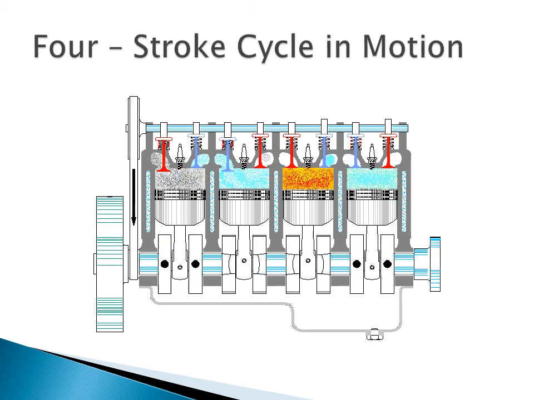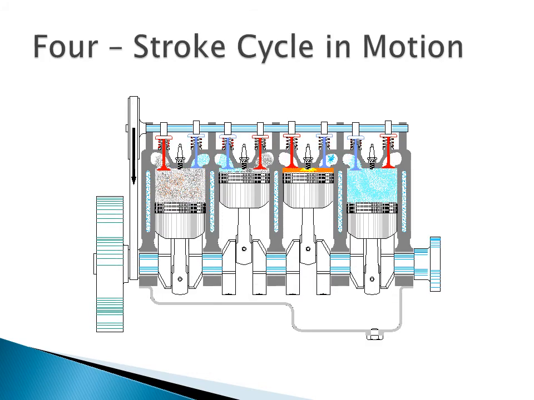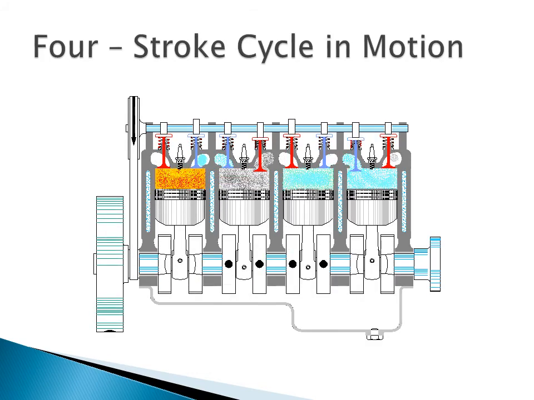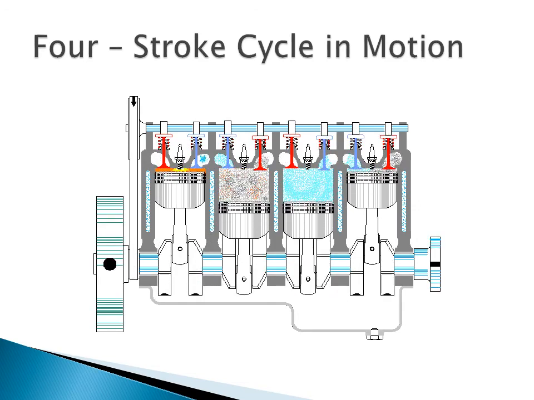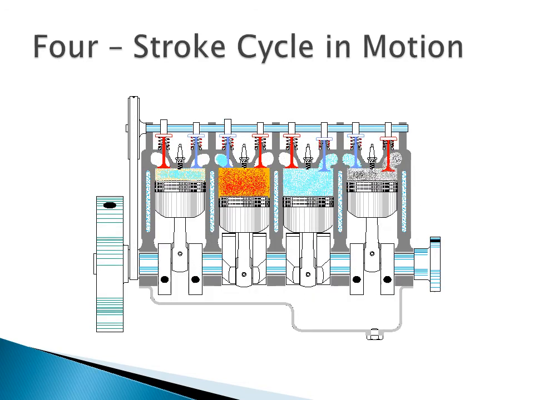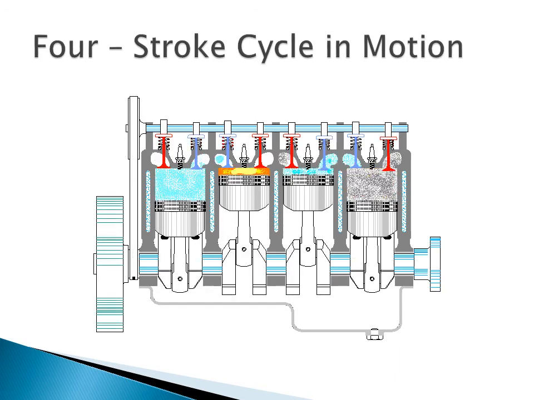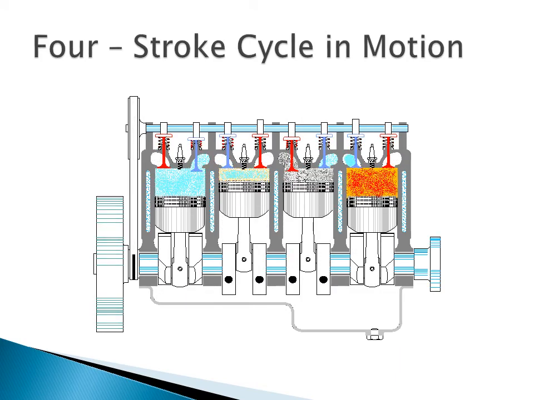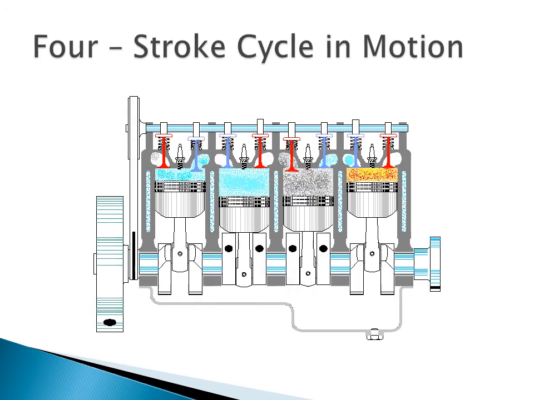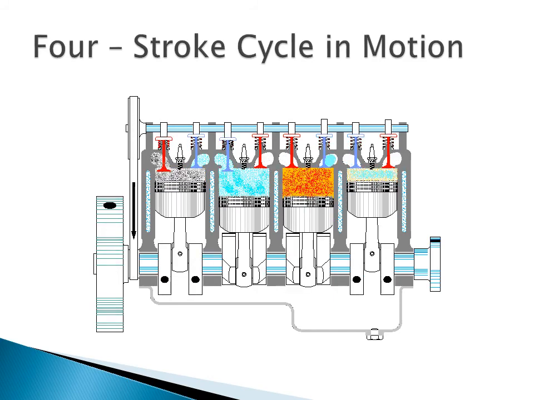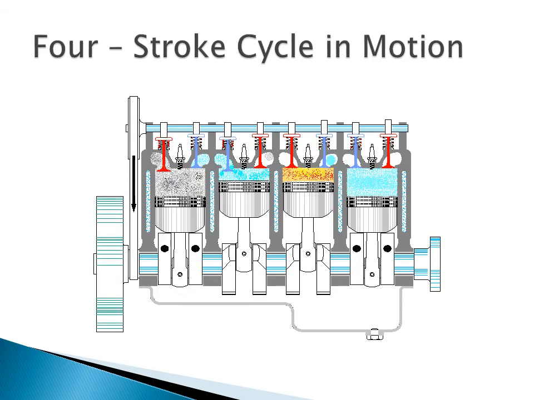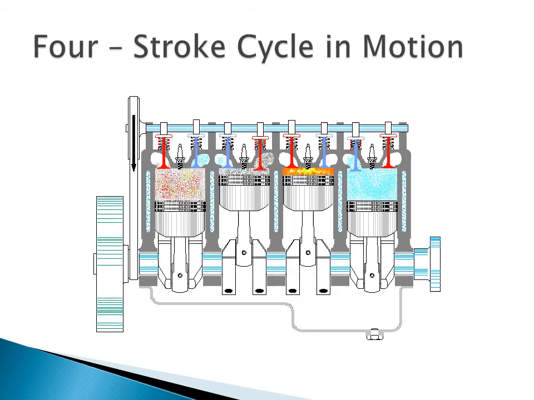So V8 engines are going to be different. V6 engines are going to be different. Also, depending on the timing that any individual system has, the firing order is going to be different as well. Over on the left side there, you've got the harmonic balancer. That's the large pulley with the dot going around.